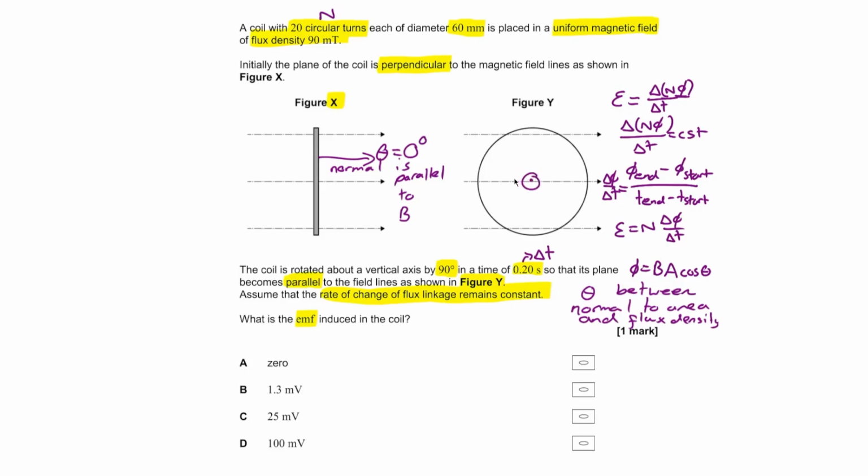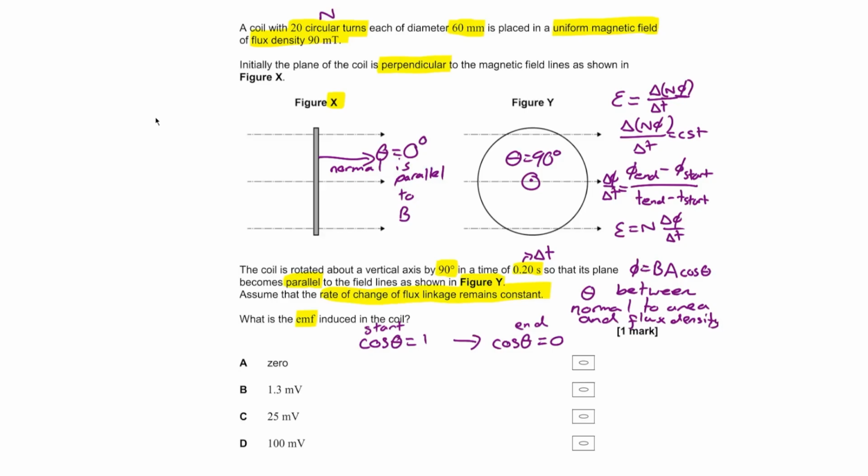Therefore, there's a right angle between the magnetic flux density and the normal from the area. Therefore, here, theta is equal to 90 degrees. The other two quantities remain the same. The magnetic flux density hasn't changed, and the area of the coil itself hasn't changed. Therefore, the only thing that has changed is cosine of theta. And this has gone from 1 to 0, since cosine of 0 degrees is 1, and cosine of 90 degrees is 0.